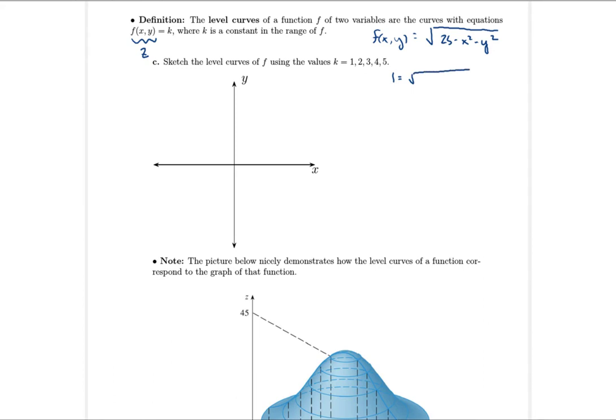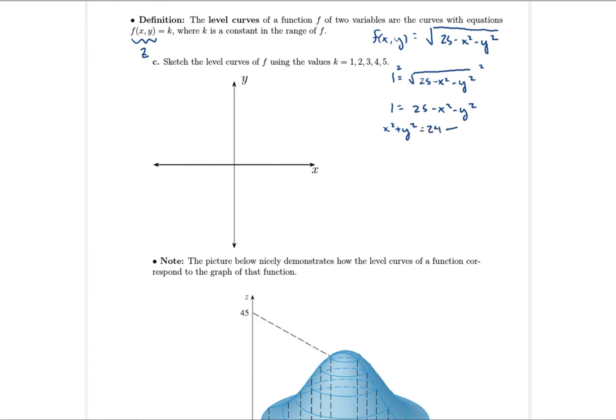So I'm literally just letting the f or the z be 1. But if I square both sides, then I get 1 equals 25 minus x squared minus y squared. And then rearranging, I get x squared plus y squared equals 24.